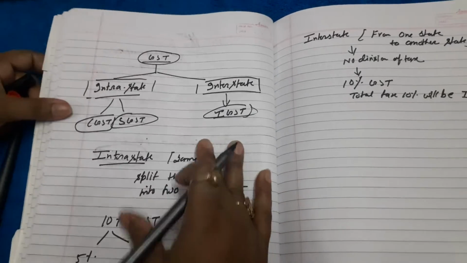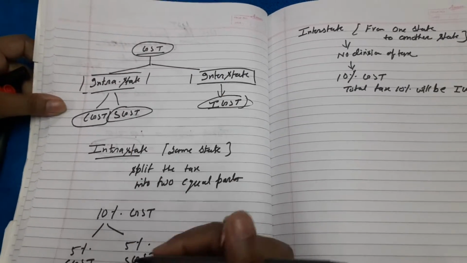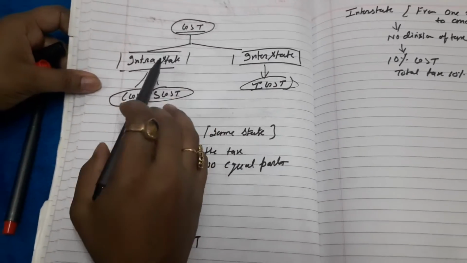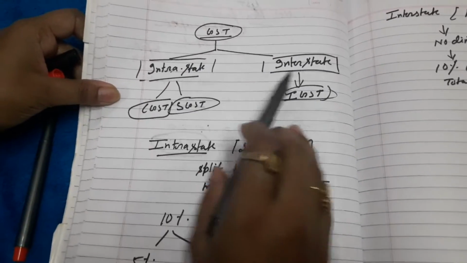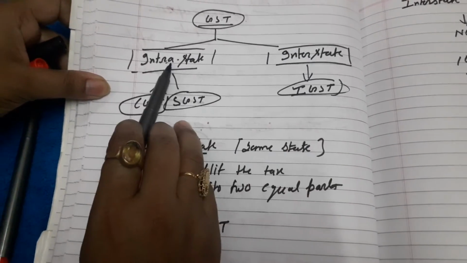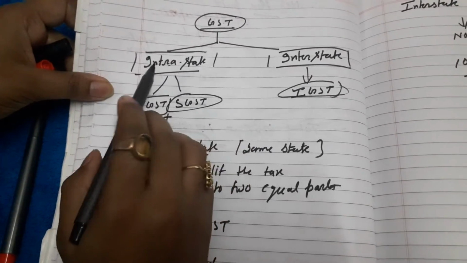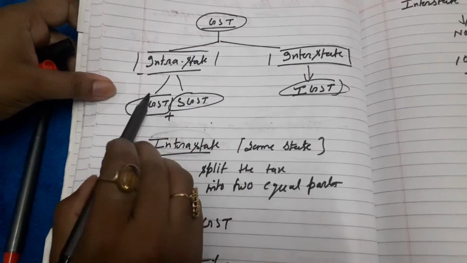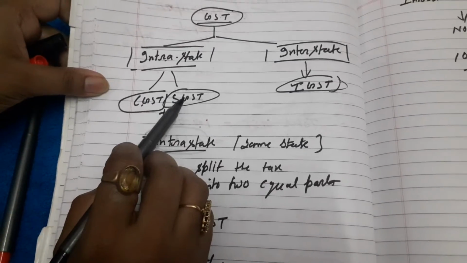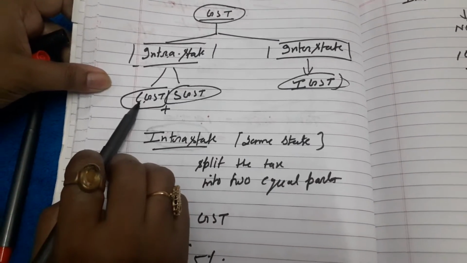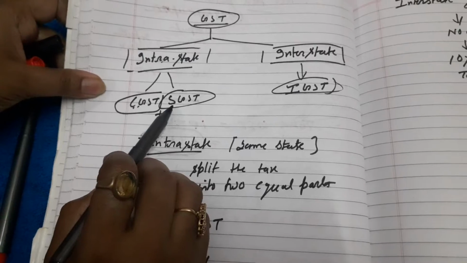At last, once again I want to summarize. GST is of 2 types, that is intrastate and interstate. Intrastate means CGST plus SGST. Here the state is the same, that's why the tax will be divided between both governments, the central government as well as the state government.